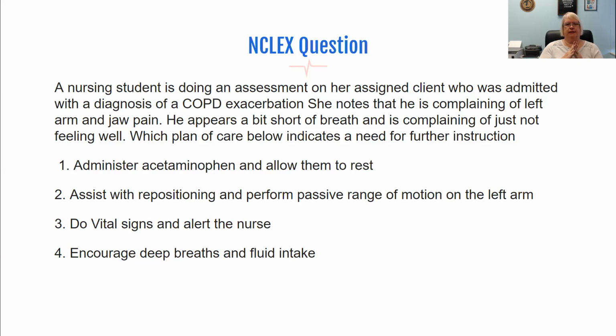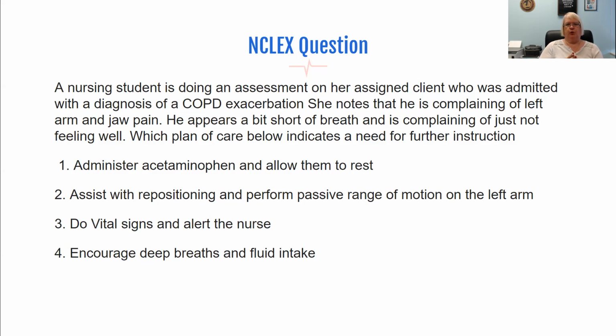The patient has a diagnosis of COPD, but now they're complaining of left arm and jaw pain, which is an indication of an MI. They're short of breath, again, an indication of an MI, and complaining of just not feeling well, again, signs of an MI.